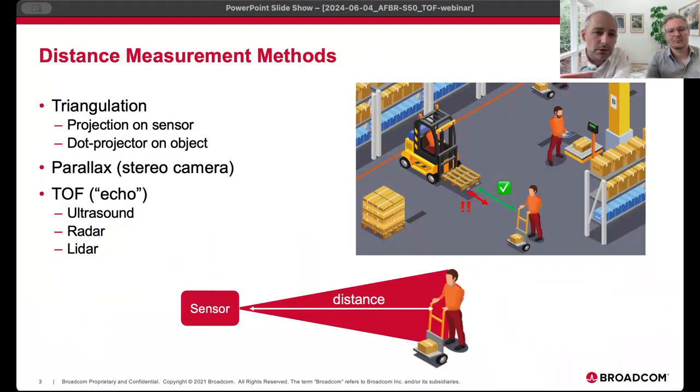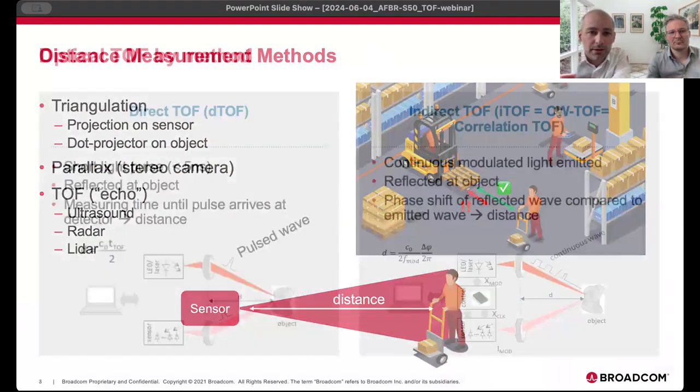Or you can use the time-of-flight method, the TOF method. It's based on an echo, and in order to get an echo, you also need to transmit a signal. The signal can be acoustic, so it's an ultrasound sensor, or electromagnetic waves like radar, or optical like LiDAR. So today we are talking about this optical time-of-flight or LiDAR method for measuring distances.